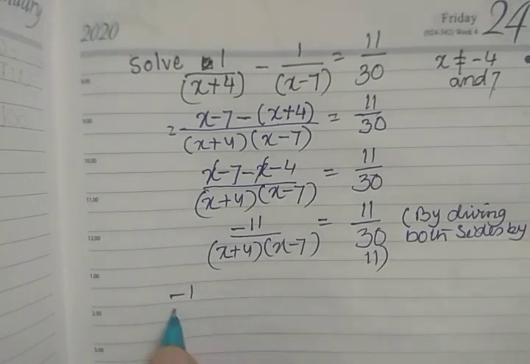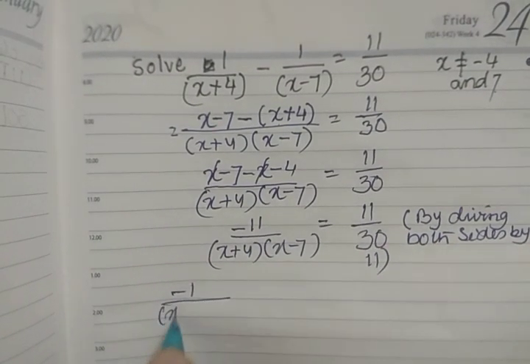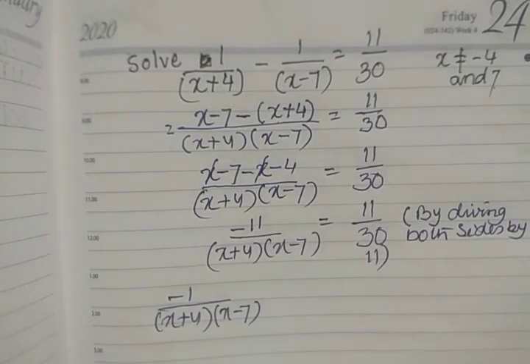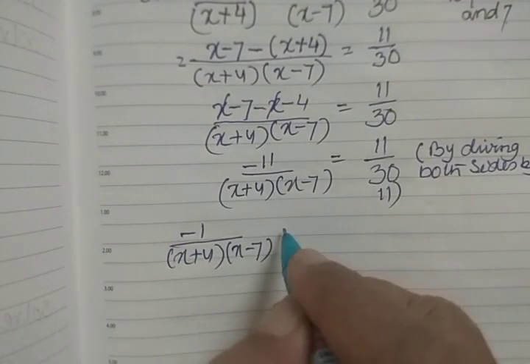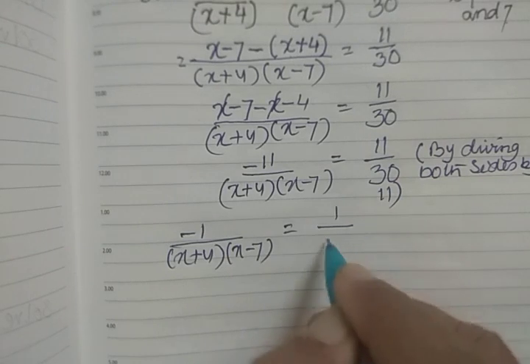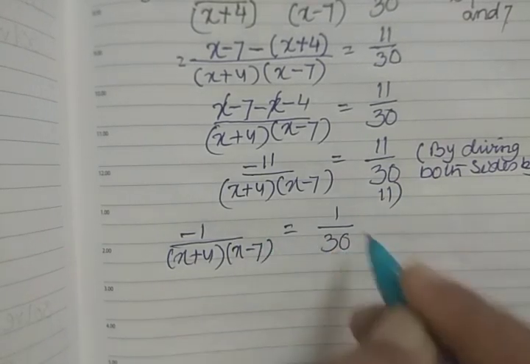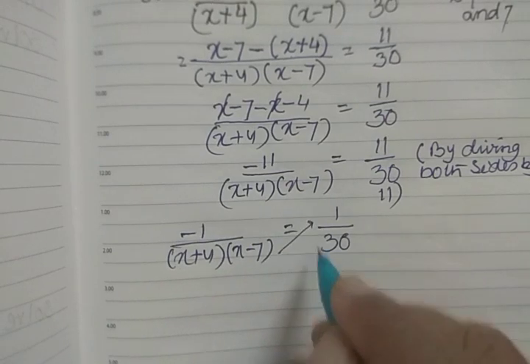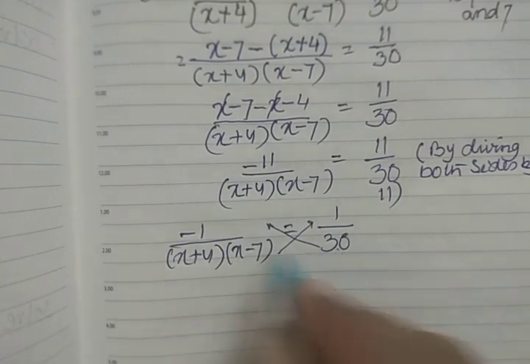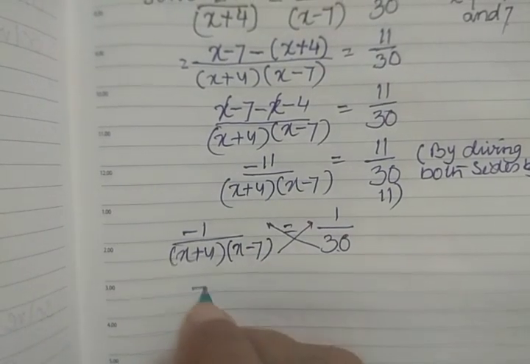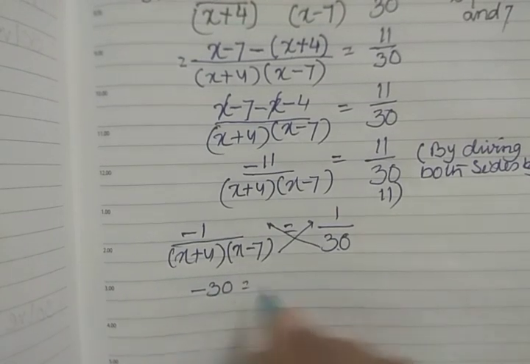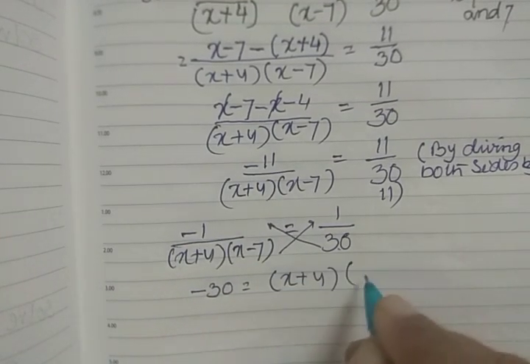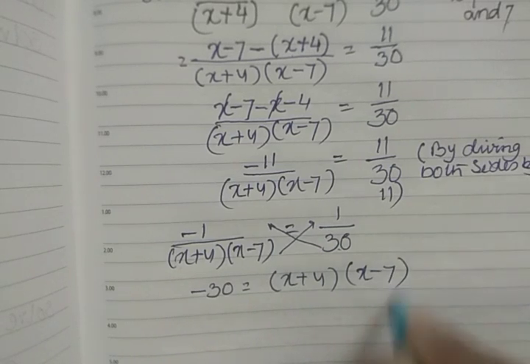Minus 1 by x plus 4 into x minus 7 is equal to 1 by 30. Let us cross multiply. So 30 into minus 1, minus 30 is equal to x plus 4 into x minus 7.